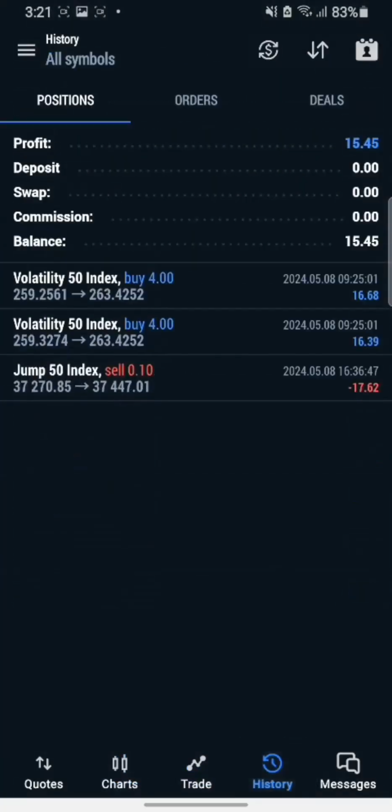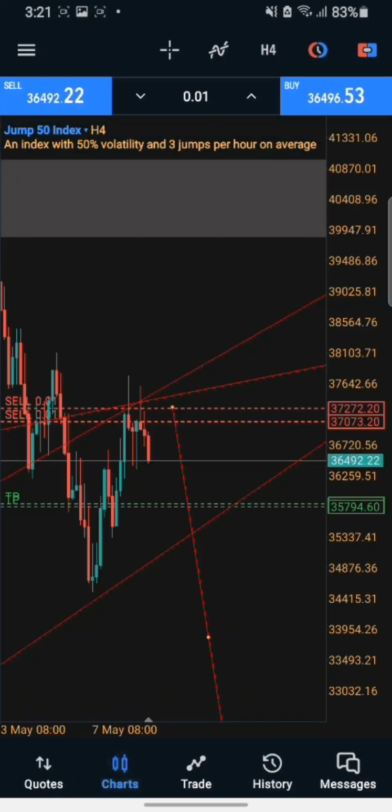However, you have to take note of that support line that is to the left side because it is going to be retested. So in the history, as you can see, the market closed that $17 loss. So if that $17 had not been closed, we would be in massive profit.